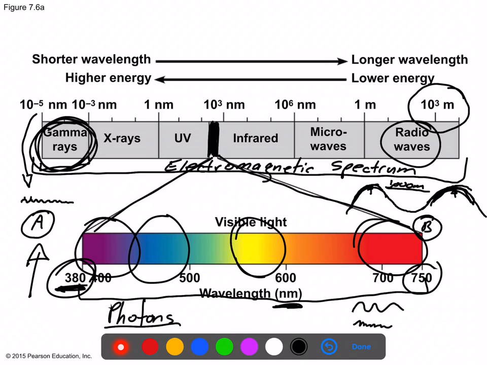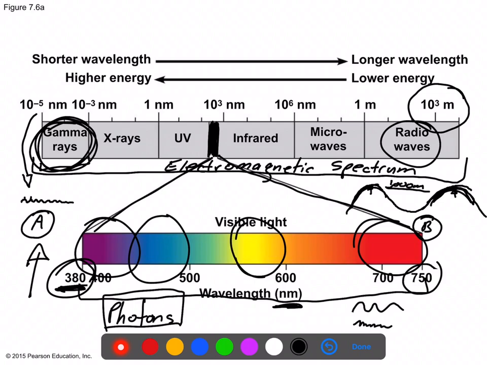So if I draw a wavelength, any wavelength, each one of those wavelengths is associated with a specific amount of energy. And for that reason, we no longer call them light waves, we're going to call them photons, okay? So photons are light waves with a specific amount of energy.